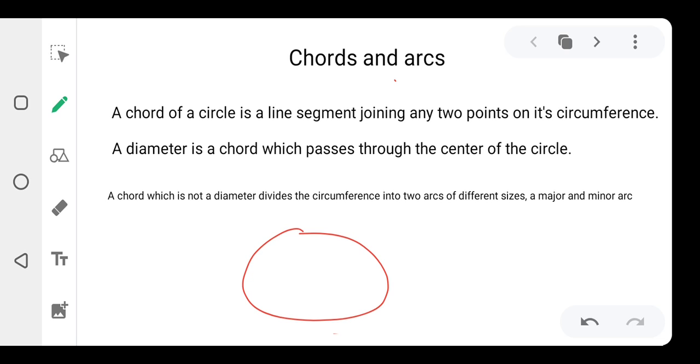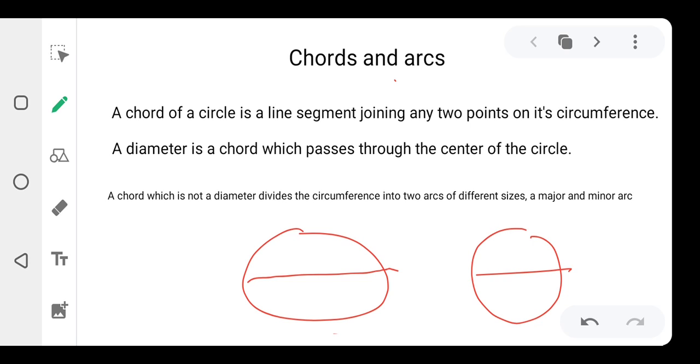Any chord, for the fact that it connects a point to another, is called a chord. But for the fact that it passes through the center, it is called a diameter. So a diameter is a chord which passes through the center of the circle. It divides the circle into equal halves. That's what they call a diameter. You understand it now.